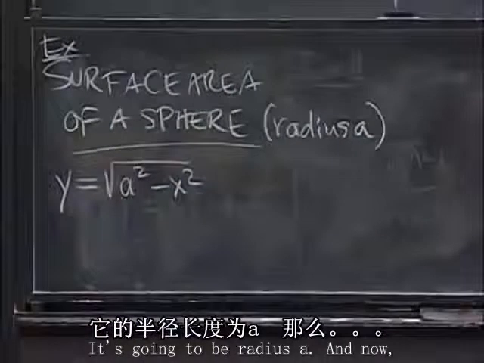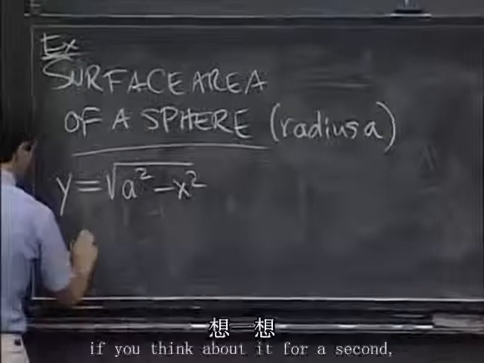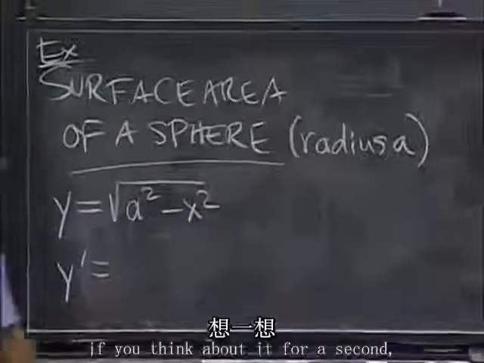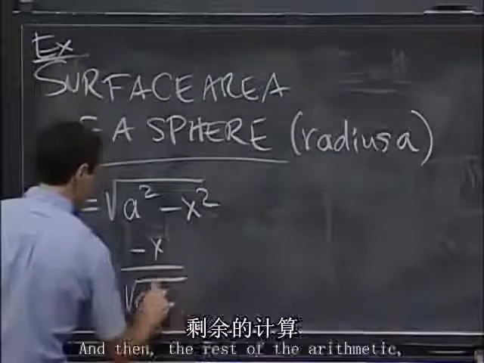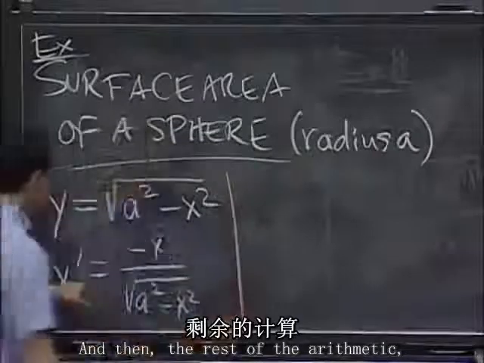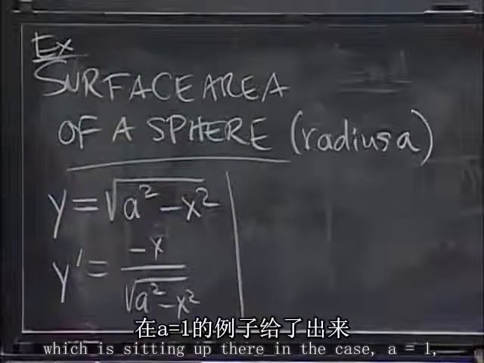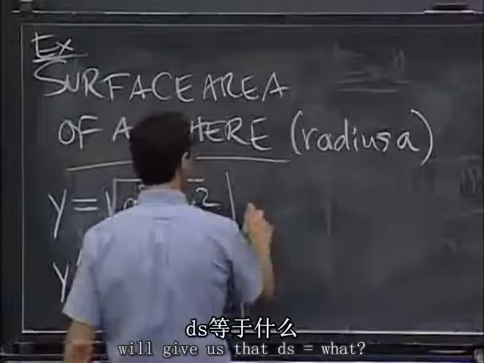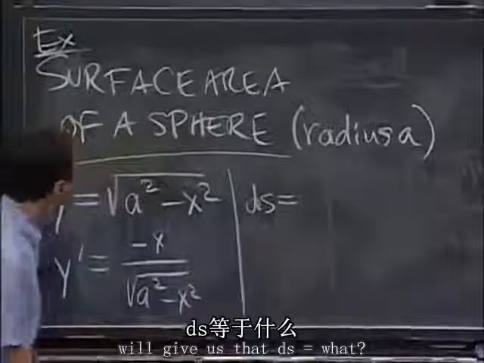And now, if I carry out the same calculations as before, you're going to get this result. And then the rest of the arithmetic, which is sitting up there in the case a equals 1, will give us that ds is equal to what?